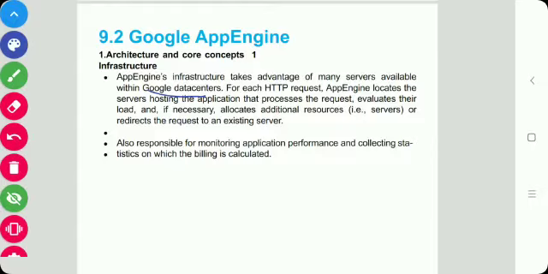The particular design of the application does not expect any state information to be implicitly maintained between requests to the same application. The infrastructure is also responsible for monitoring application performance and collecting statistics on which the billing is calculated.